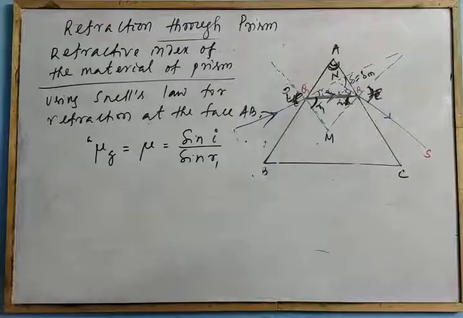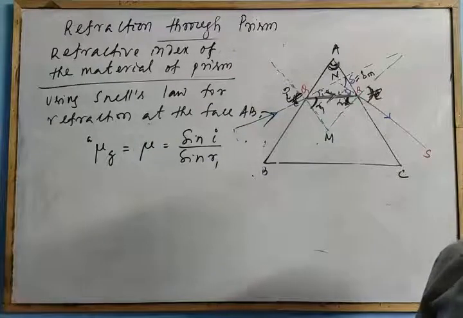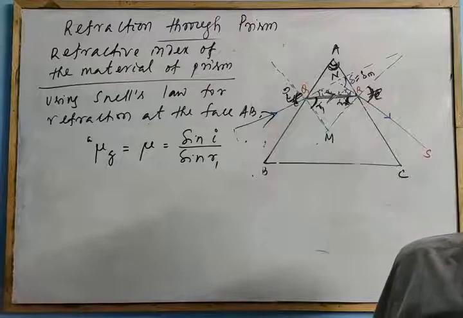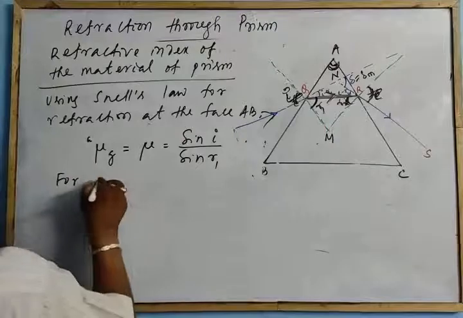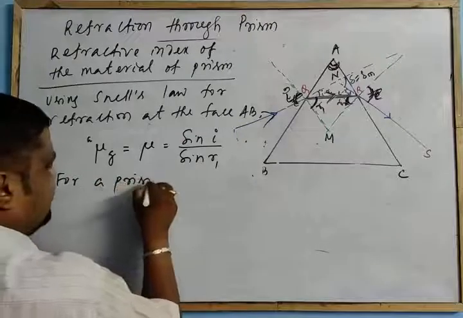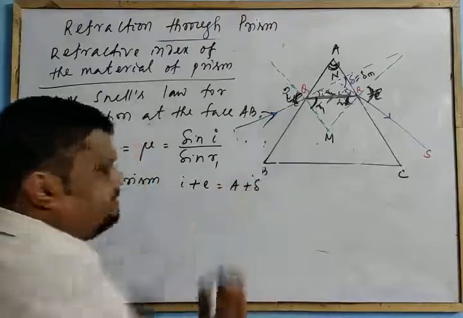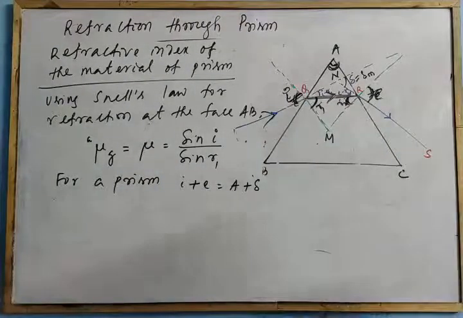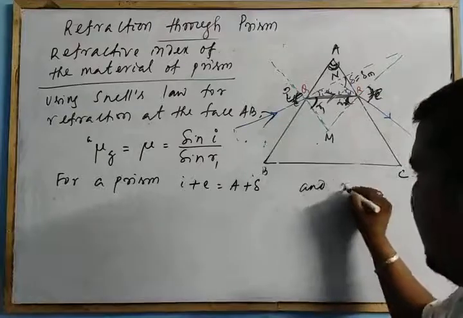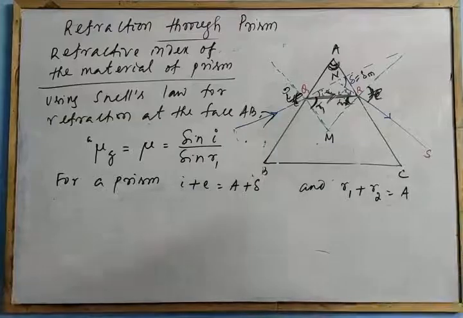Clear? Now, how will we find sin R1? For a prism, use the formula I plus E is equal to A plus delta, and R1 plus R2 is equal to A, the angle of the prism.